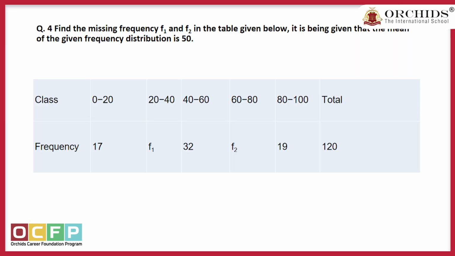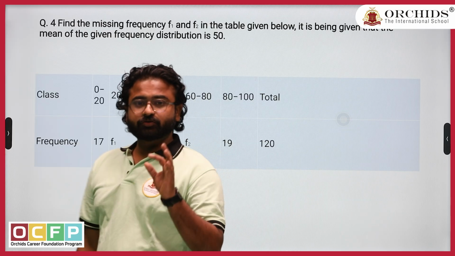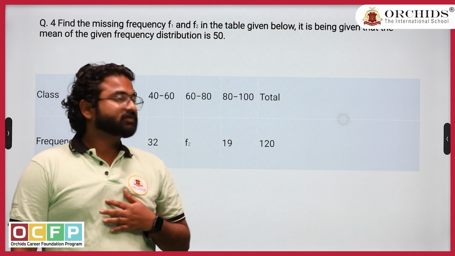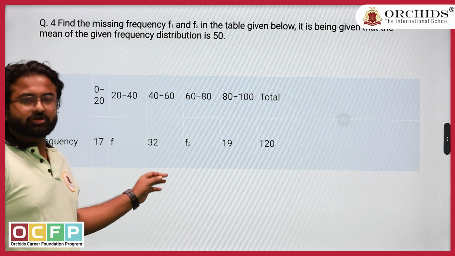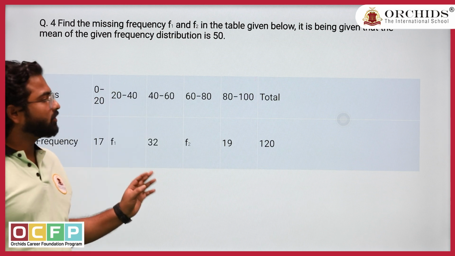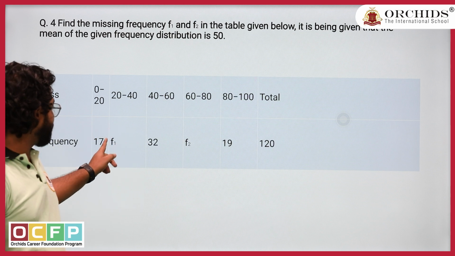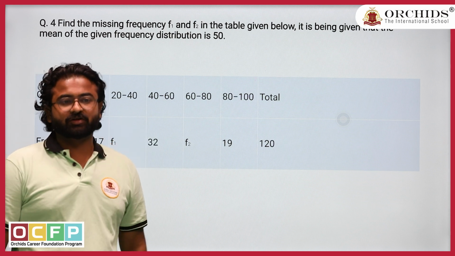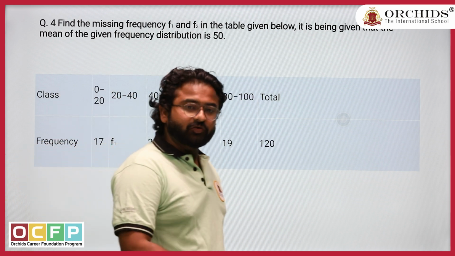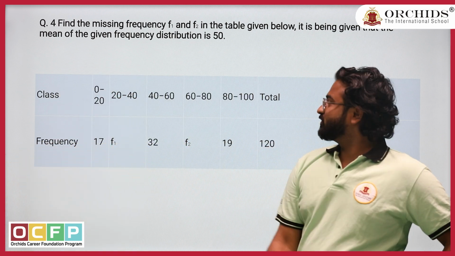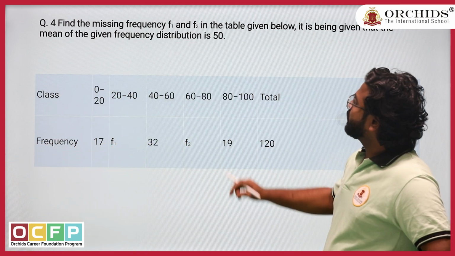The most weighted question, or you can say the most difficult type of question that CBSE can ask, is this one, where you have two missing frequencies. But two data are also given.